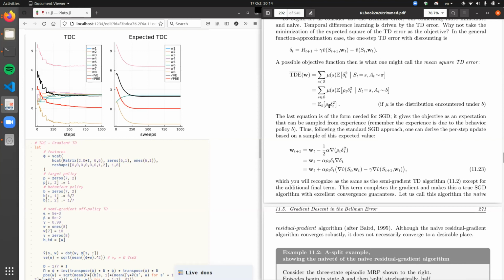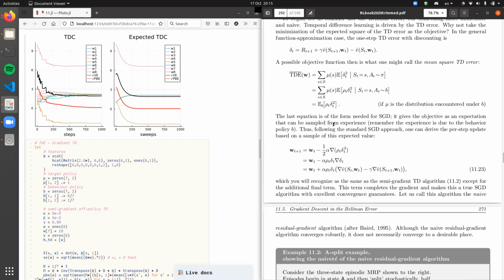That can be rewritten as an expectation under the behavioral policy of the importance sampling ratio times the squared error given by this expression, which is the difference between the approximated value and our estimate of this value given the new observation.